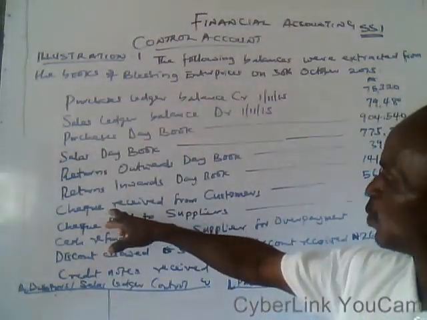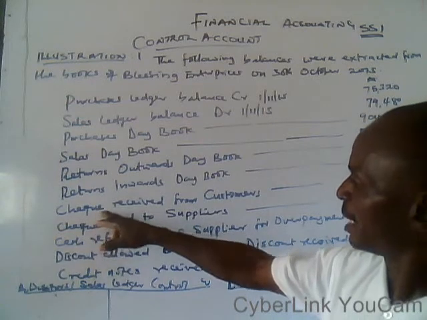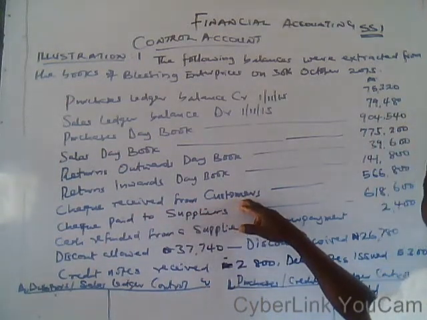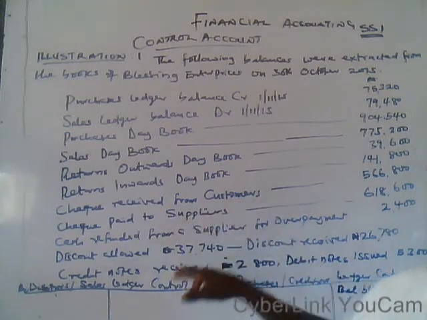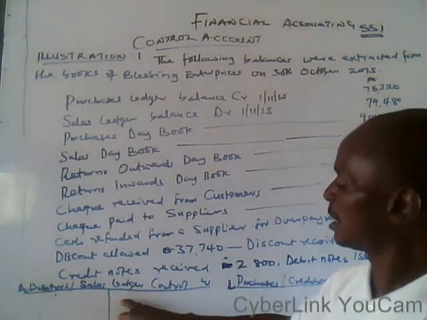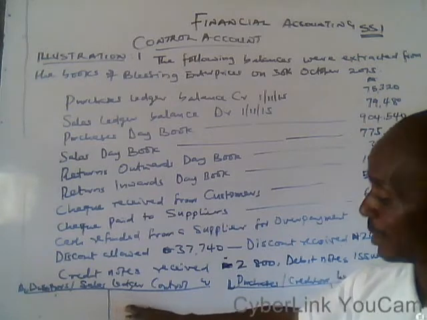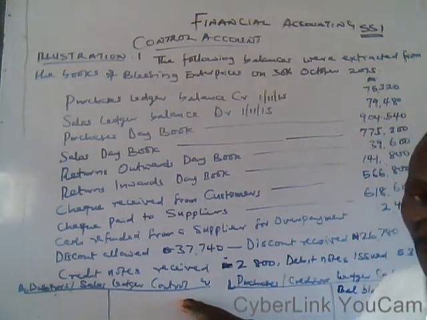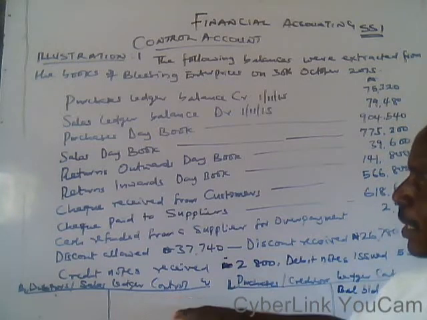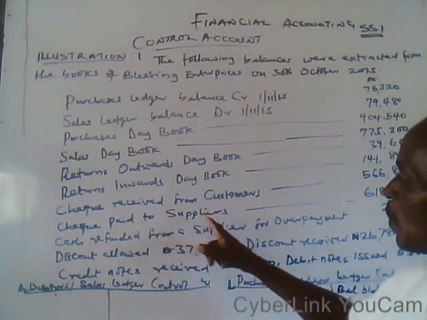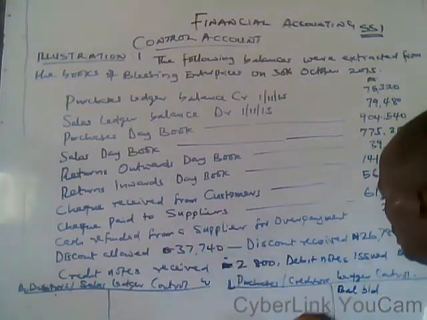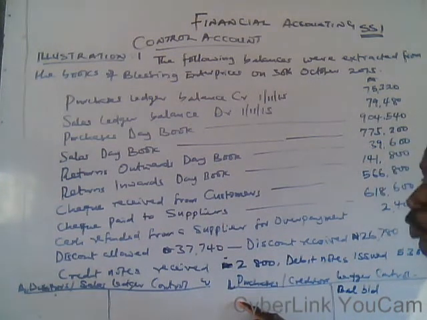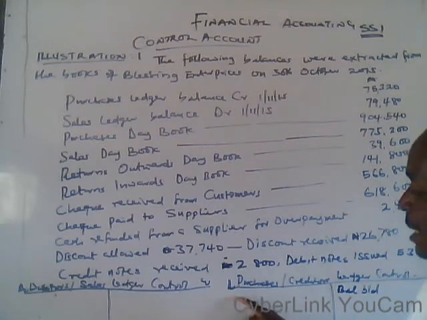The next one, you have a cheque received from customer. Cheque received from customer, you post it to the payment side of the sales ledger control account, that is, you write bank on the credit side of the sales ledger control account. Cheque paid to supplier must be posted to the debit side of the purchase ledger control account, as you write bank.